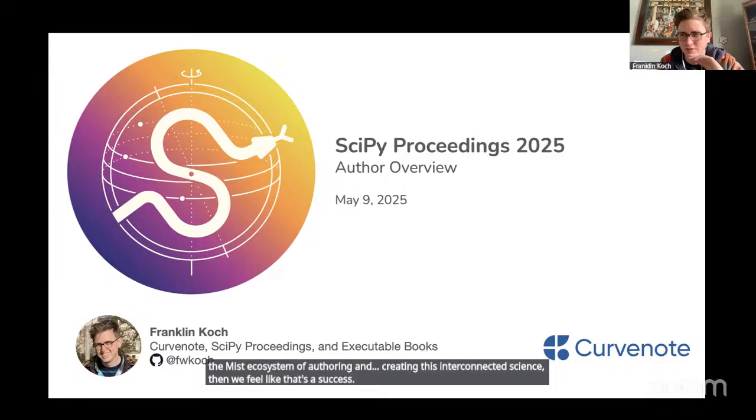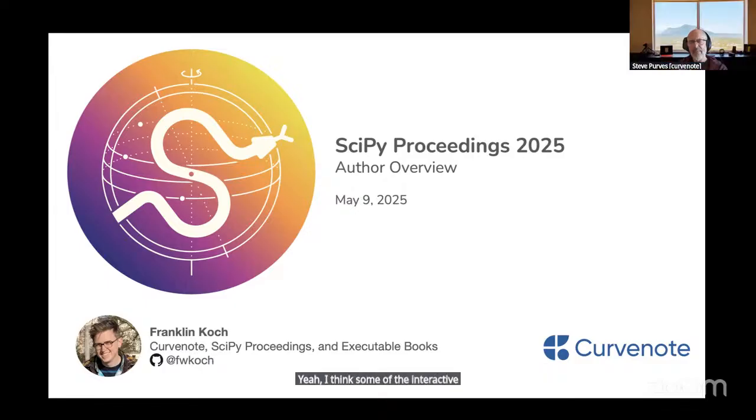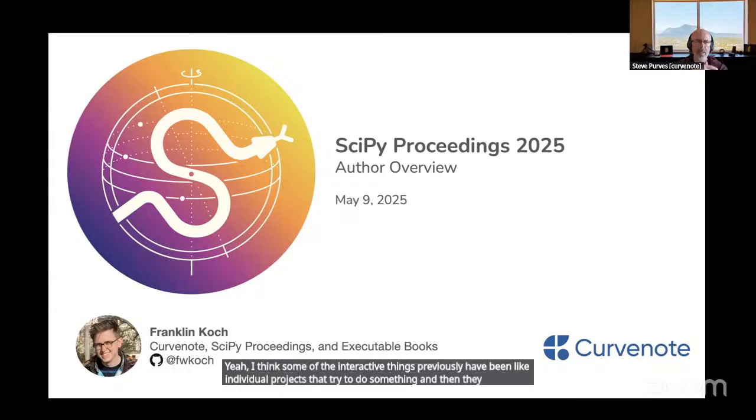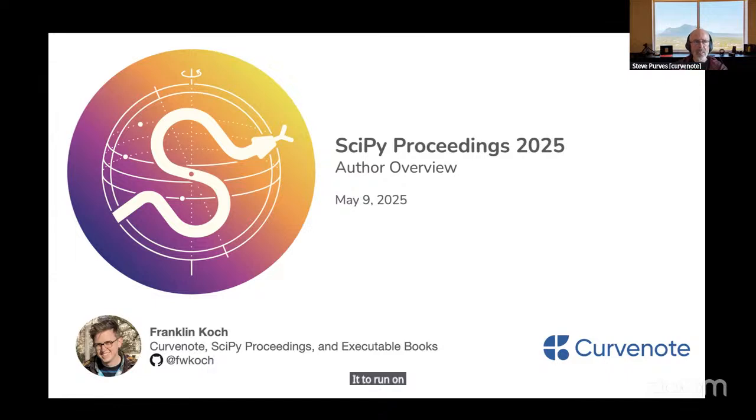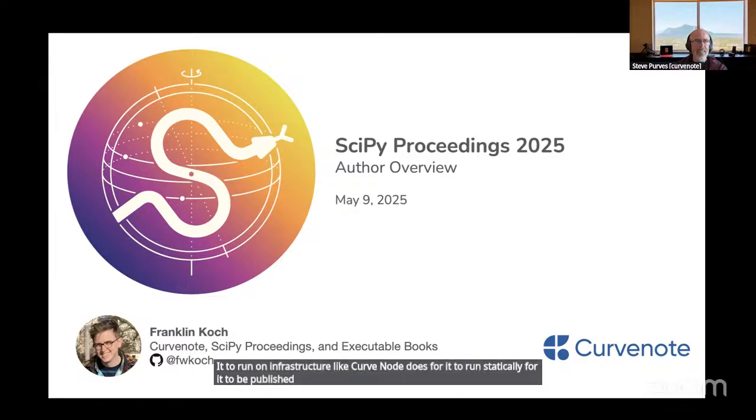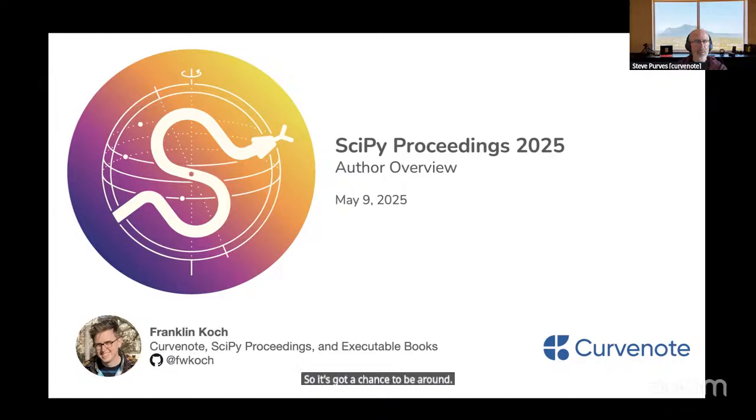Yeah. Some of the interactive things previously have been individual projects that tried to do something, went so far, and then went away or funding went away. With MyST, there's the opportunity for it to run on infrastructure like Curvenote does, to run statically, and to be published in many different ways. So it's got a chance to be around a lot more.